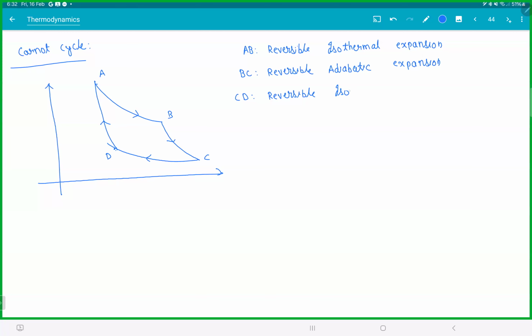Then it undergoes isothermal compression. Then again you have reversible adiabatic compression.